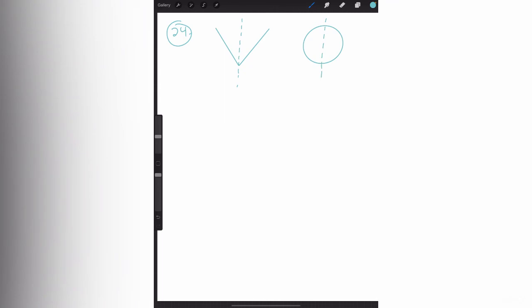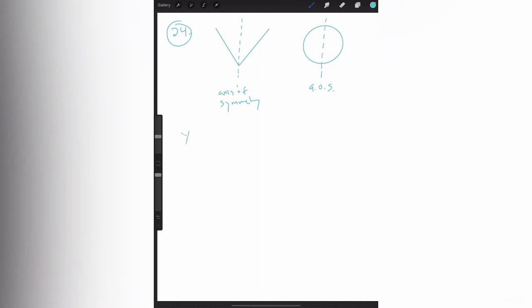That line is called my axis of symmetry, and you might see me abbreviate it as AOS. But in number 24, it's asking me, where is that axis of symmetry? Well, I'll show you how to do that here.